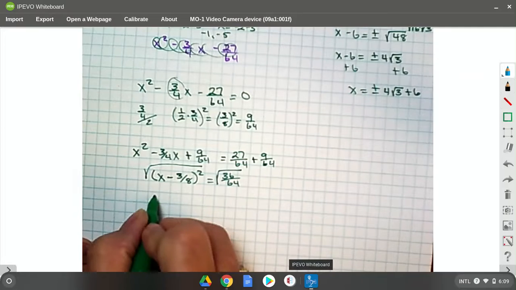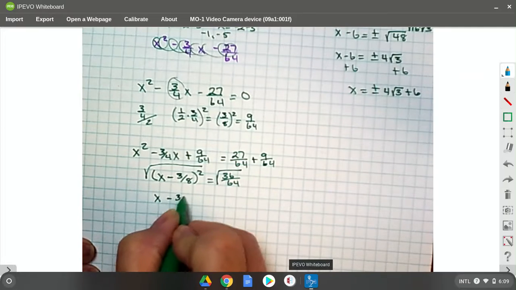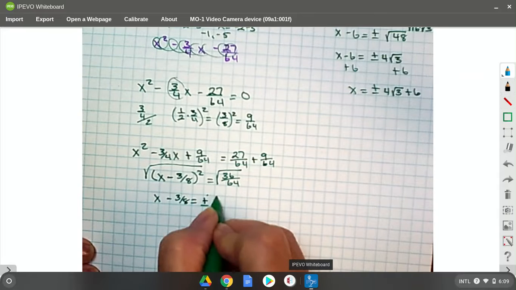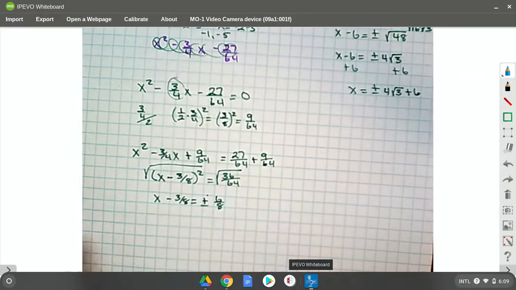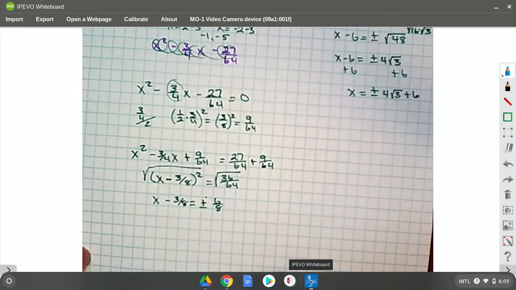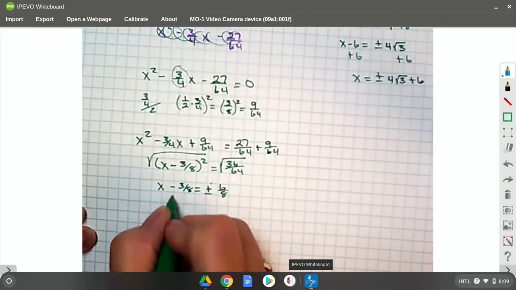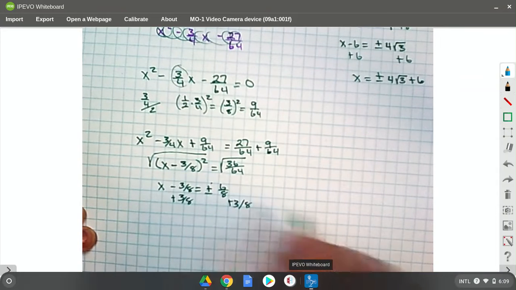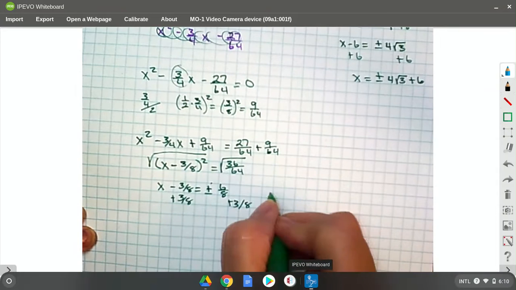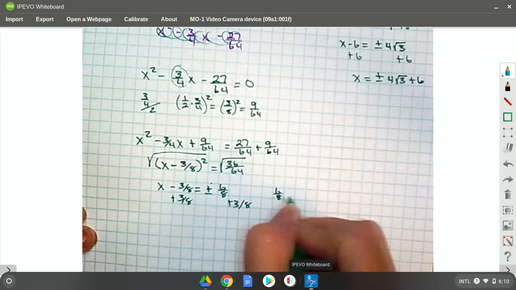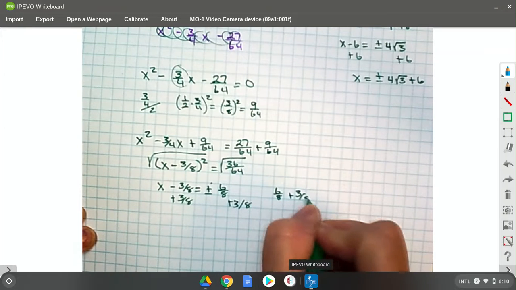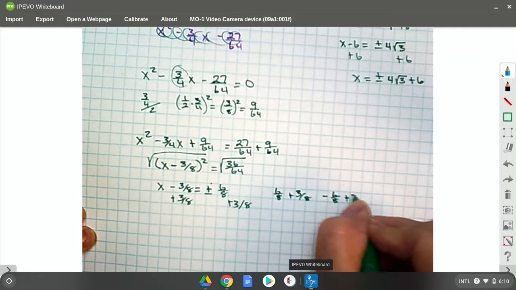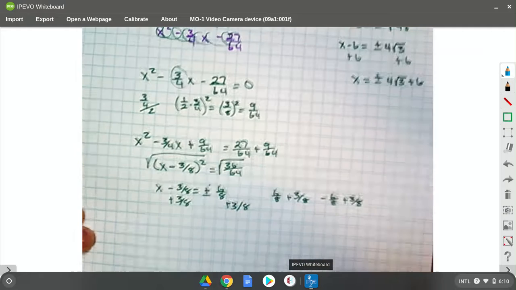So I have x minus 3/8 is equal to plus or minus 6/8. So adding the 3/8 to both sides, I have a positive 6/8 plus 3/8, and a negative 6/8 plus 3/8.